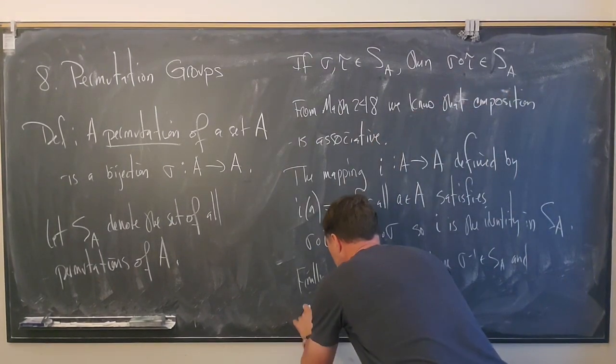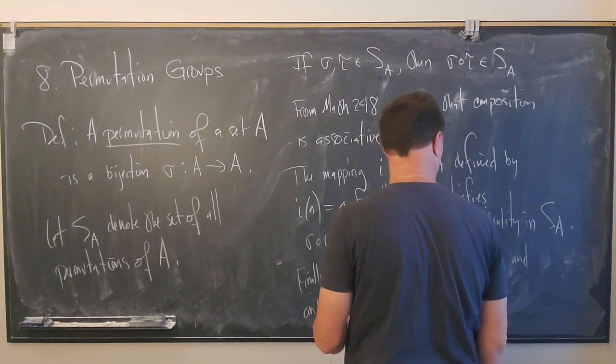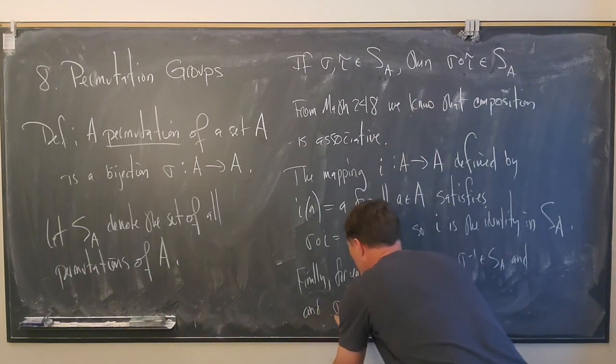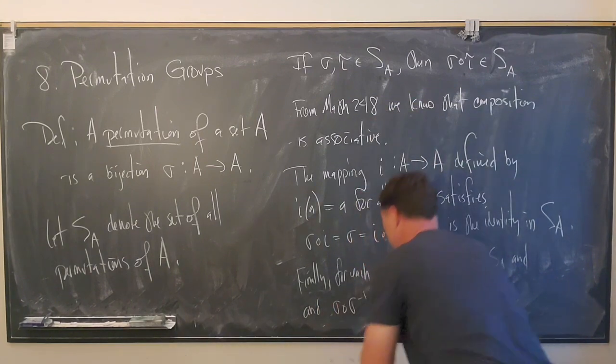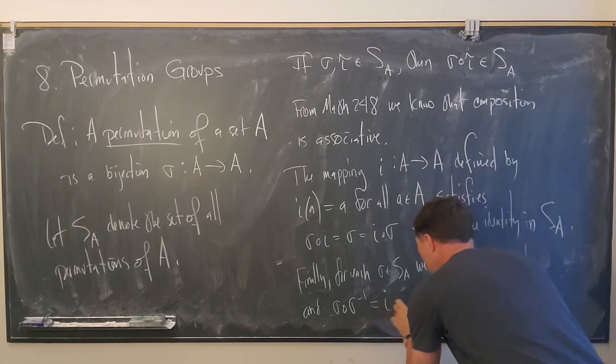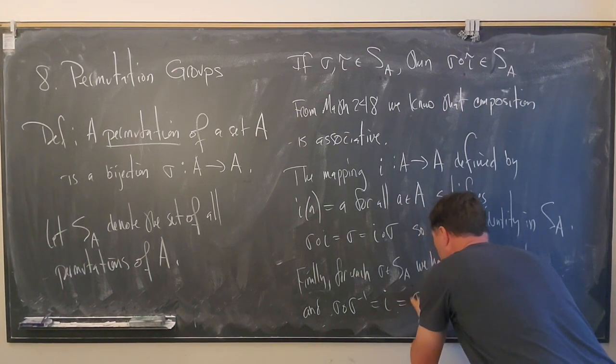So we'll say sigma of sigma inverse equals the identity function, which is equal to sigma inverse of sigma.